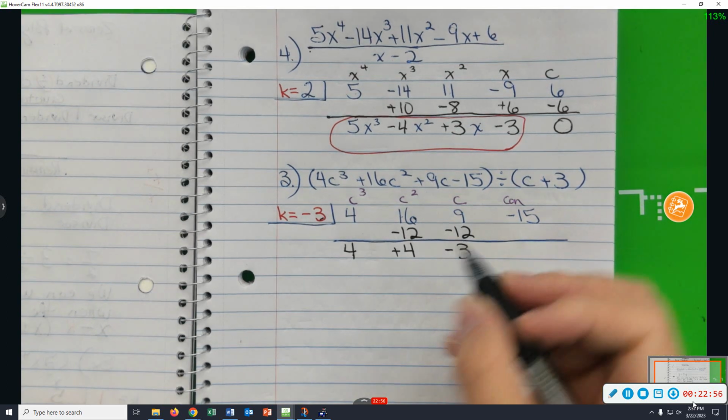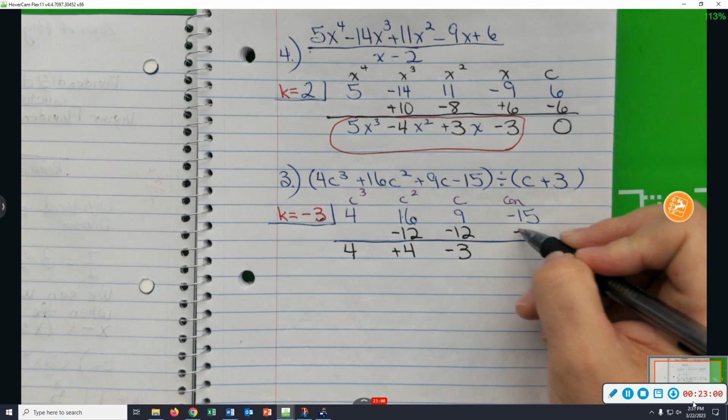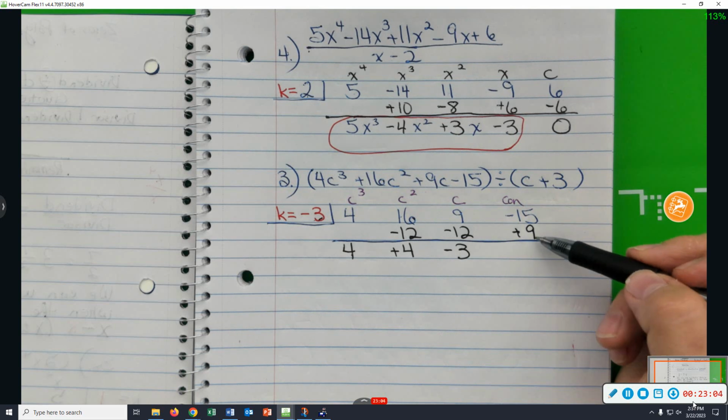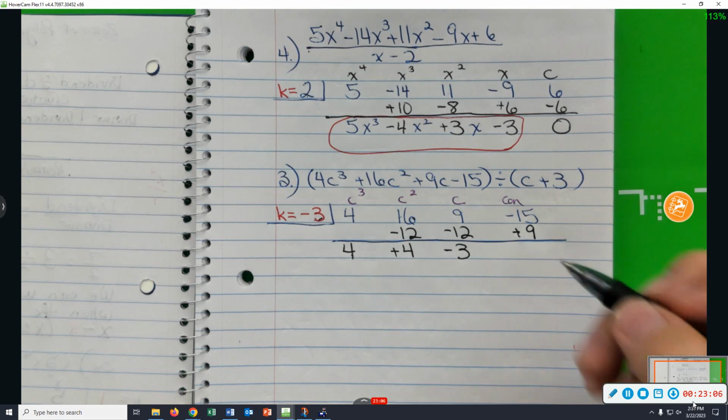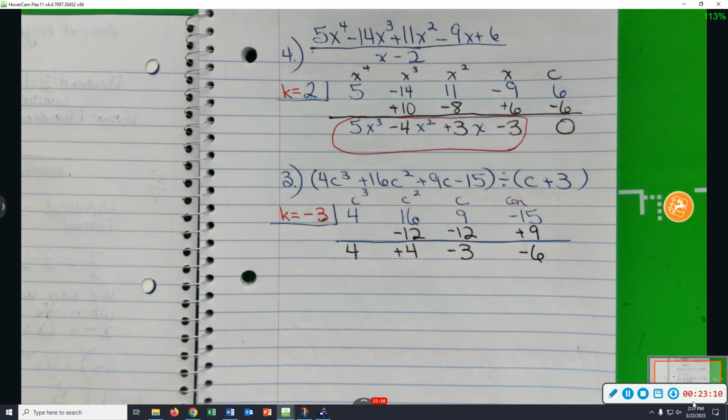Negative 3 times negative 3 gives me a positive 9. Negative 15 plus 9 gives me a negative 6.